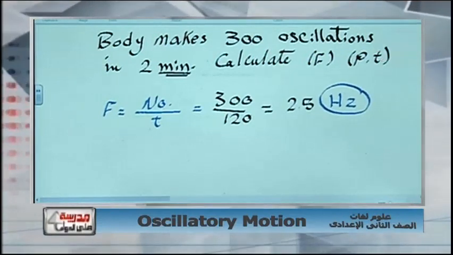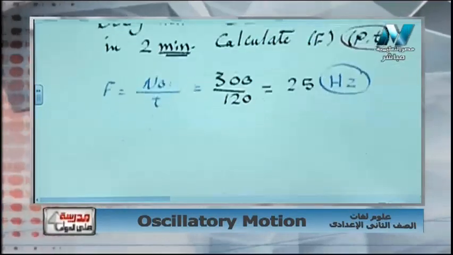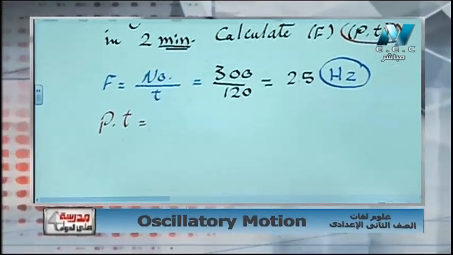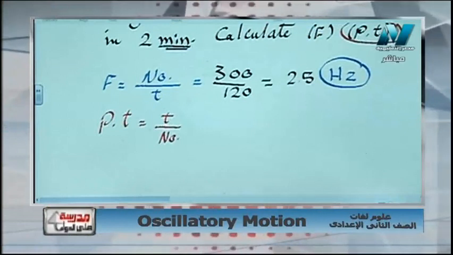Now sometimes I need to calculate the periodic time. So periodic time equals time over, the opposite, number of complete oscillations.